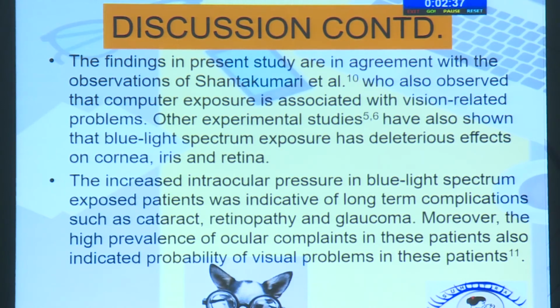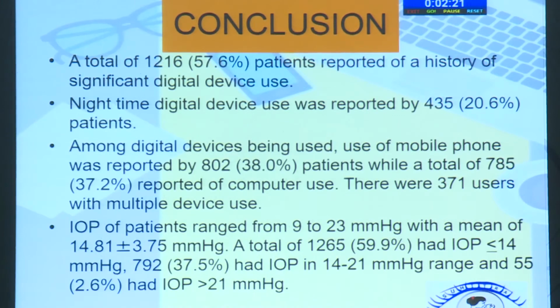Other studies have shown that blue light spectrum exposure has a deleterious effect on the cornea, iris, and retina. The increased intraocular pressure in blue light spectrum exposed patients was indicative of long-term complications such as cataract, retinopathy, and glaucoma. A total of approximately 58% of patients were reported to have a history of significant digital device use.